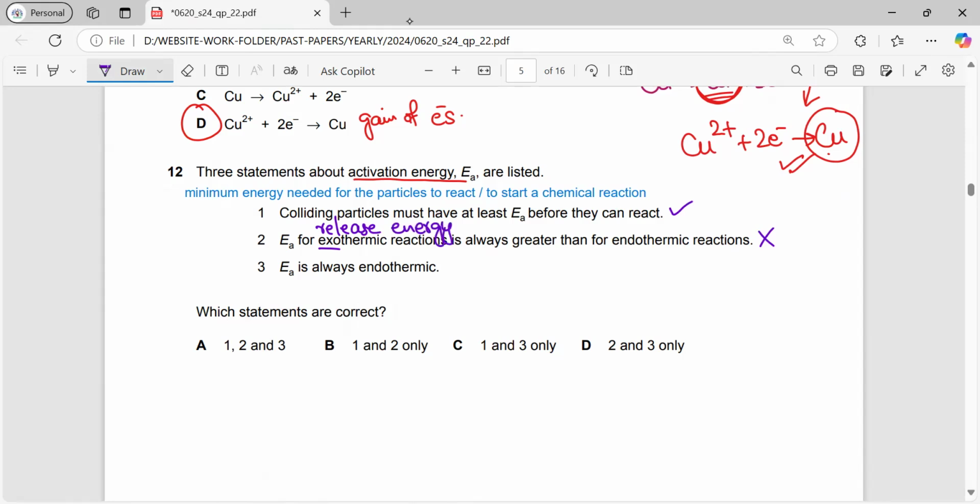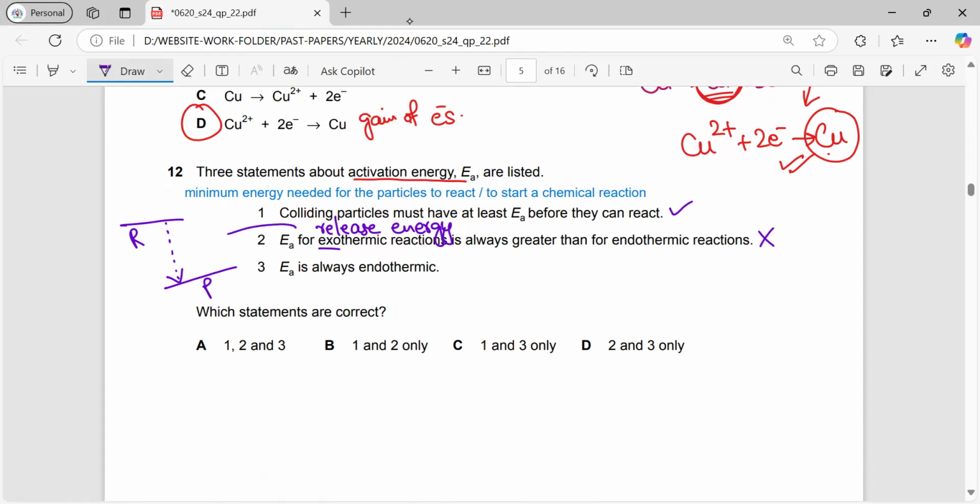So it means that the particles already have high energy. They release the energy during the reaction and then they make the products. So activation energy won't be greater, because they already have enough energy to turn into products.